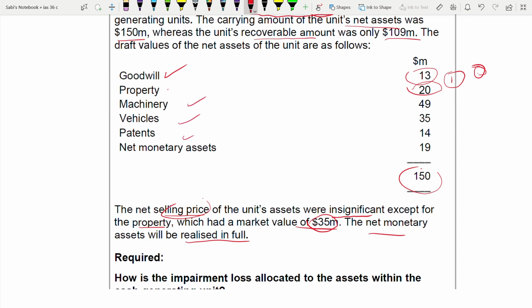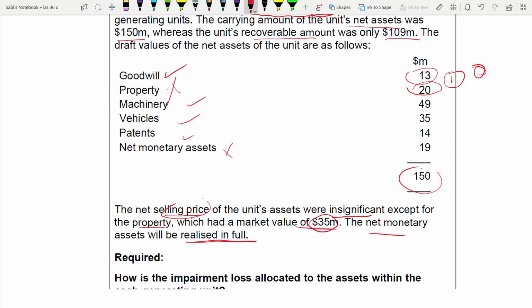Coming to the net monetary asset. You cannot set off against net monetary asset also. Why? Because they told it has been realized in full. Net monetary asset will be realized in full. So there is no impairment. So just three are left.